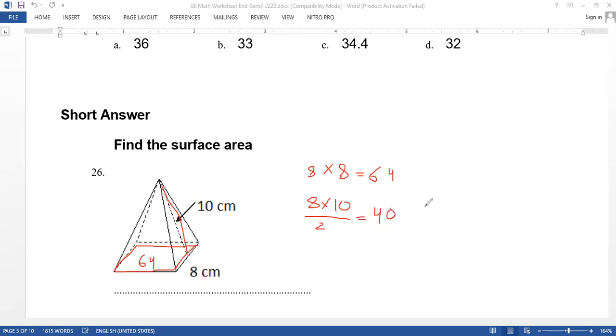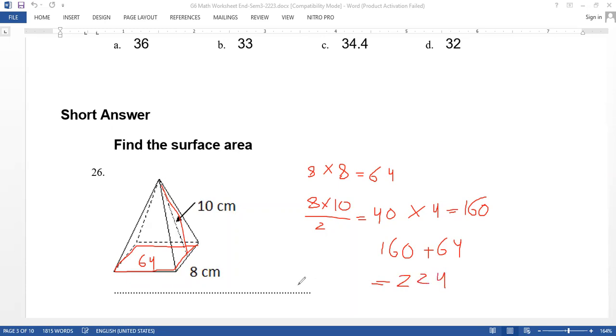Now I multiply 40 by 4 equals 160. You have to show your steps. In this case, 160. So now I add 160 plus 64 equals 224.